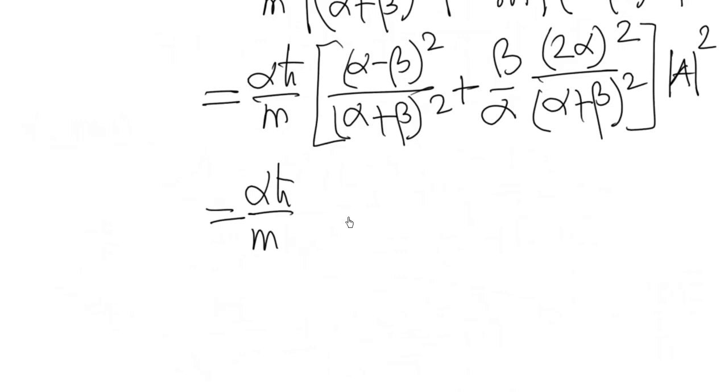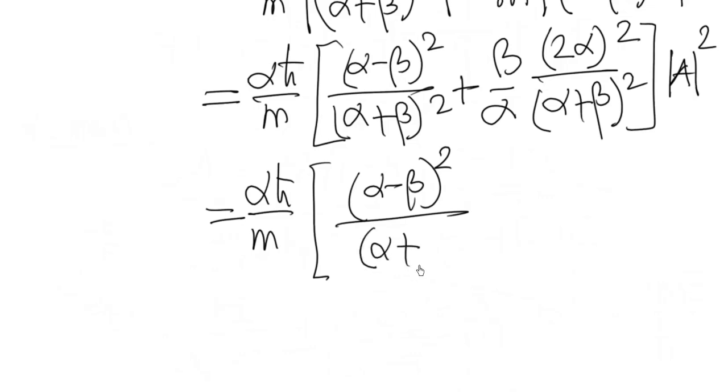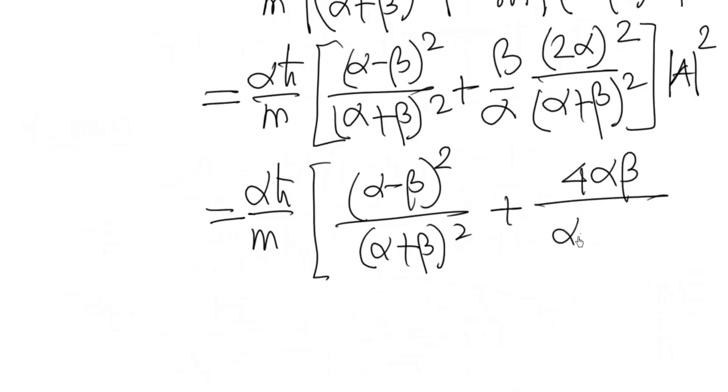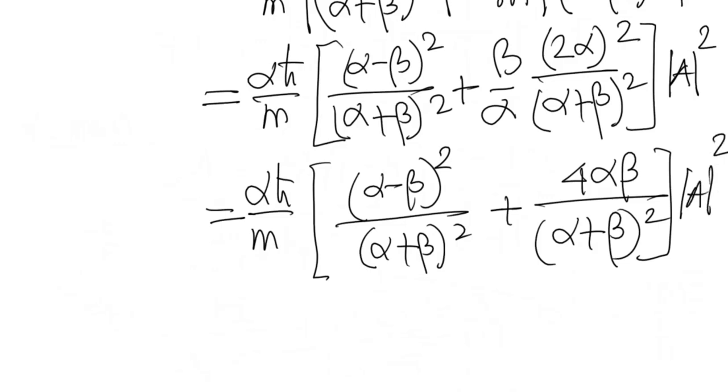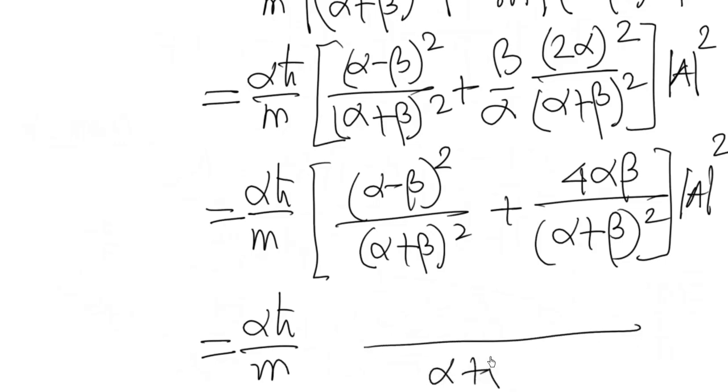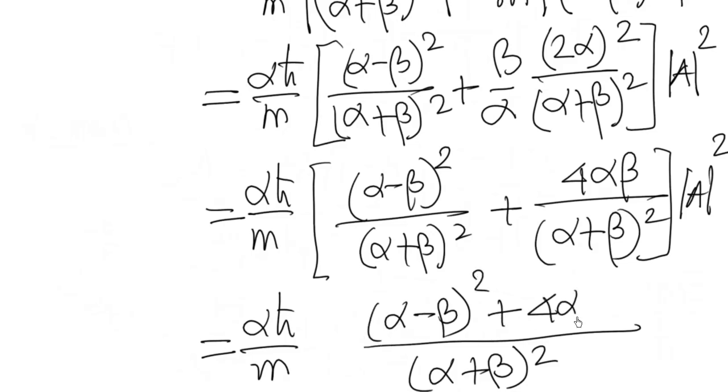So if you simplify this, then we get this, and we know if we take common 1 by alpha plus beta whole square, then you'll have alpha minus beta whole square plus 4 alpha beta.